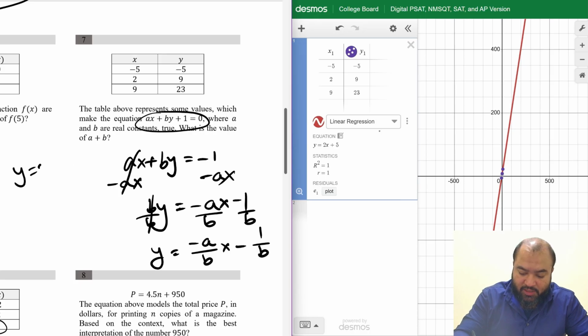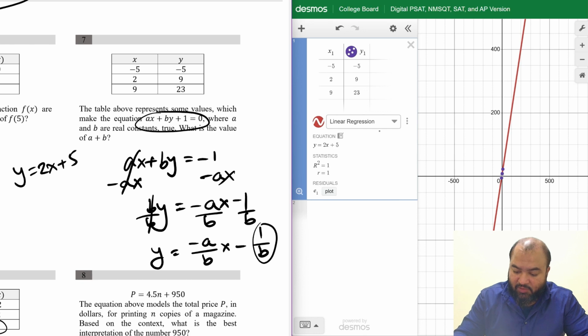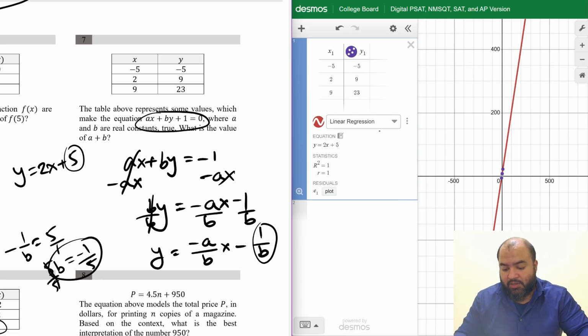Y equal to 2x plus 5. Now, negative 1 over b is the y-intercept, which is 5. So negative 1 over b is 5. If I cross multiply, 5b is equal to negative 1. So divide by 5, and b is negative 1/5. Okay, b is negative 1/5.